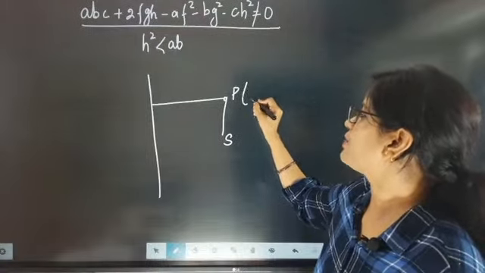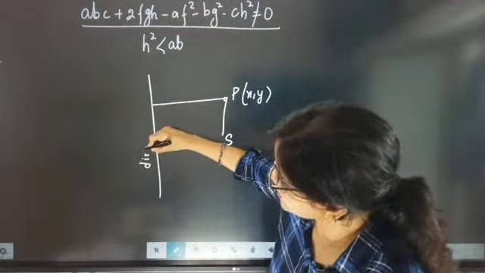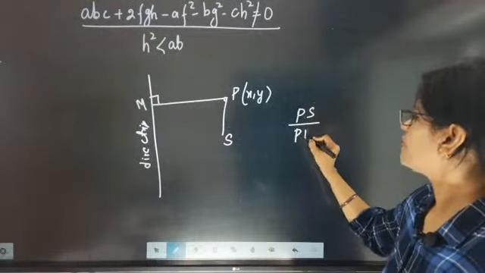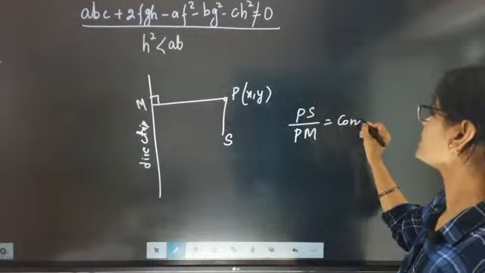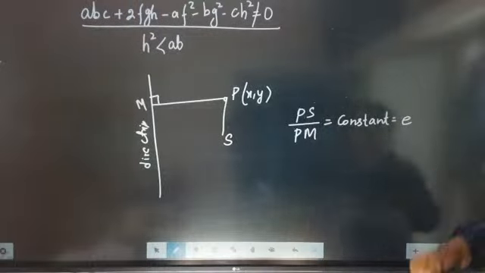Now P is the arbitrary point, M is the foot of the perpendicular on the directrix.